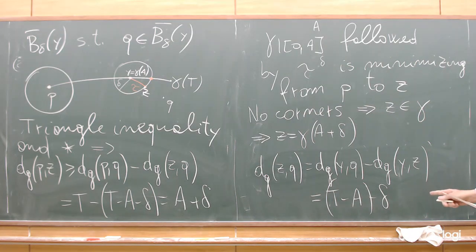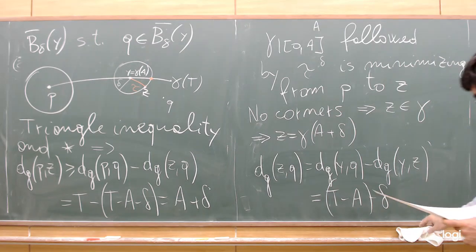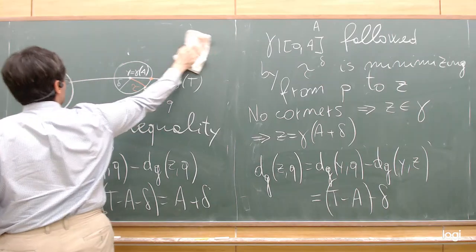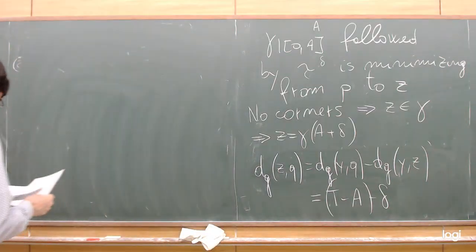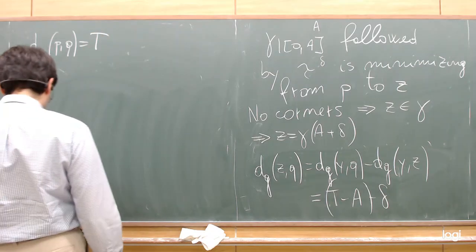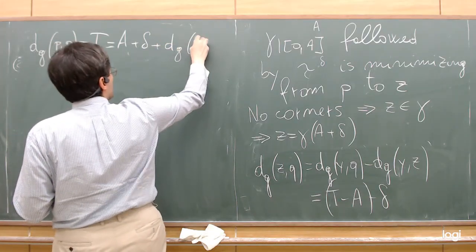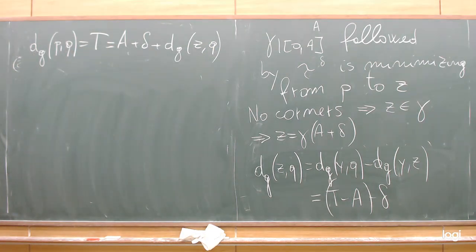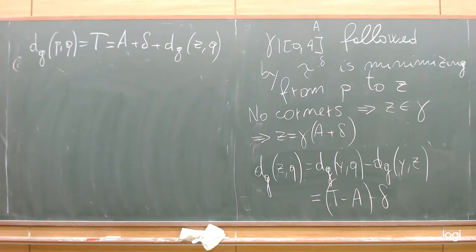I unfortunately erased this formula. And as a consequence of this formula, we get that the distance from P to Q, which is T, is equal to A plus delta plus the distance from Z to Q. It follows from here.